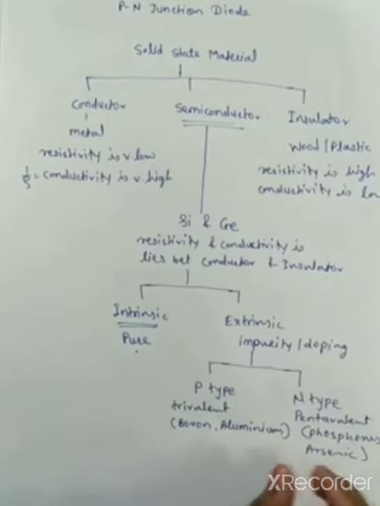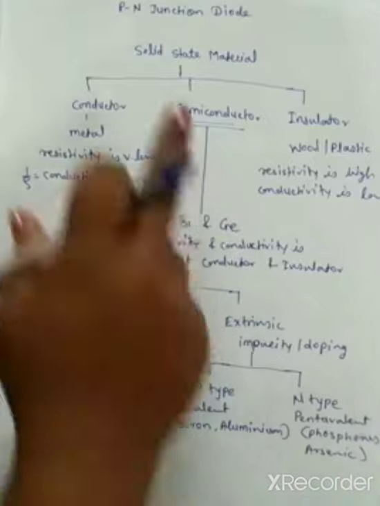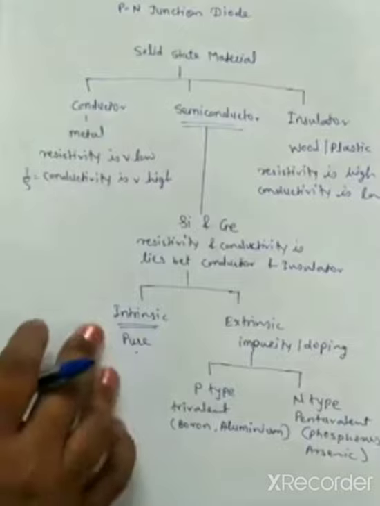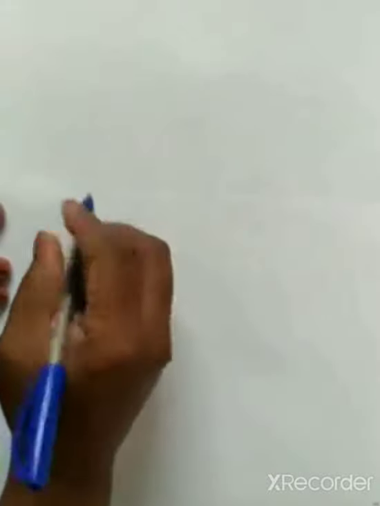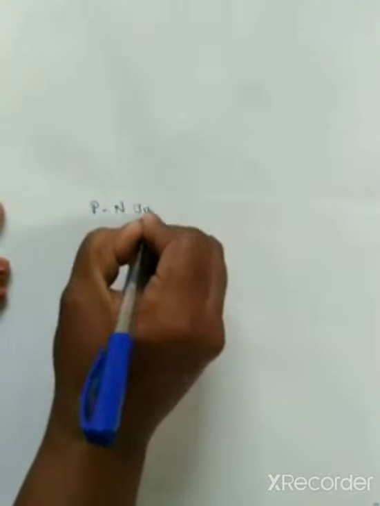Now this P type and N type, when we join these two blocks or two semiconductors, then it will create a p-n junction diode. Now again, p-n junction diode.